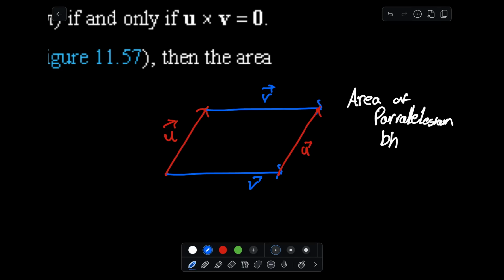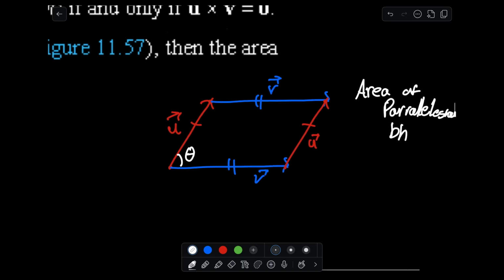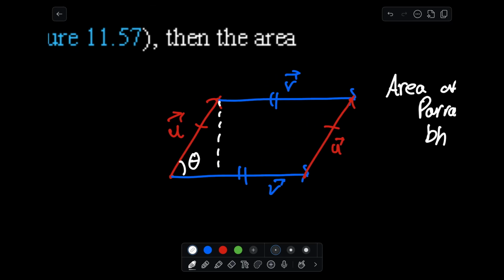And we know that these are going to be parallel because of geometry, and this has some base angle theta, right? What we can do now, if we want to solve for the area given these two vectors, is solve for our height h.